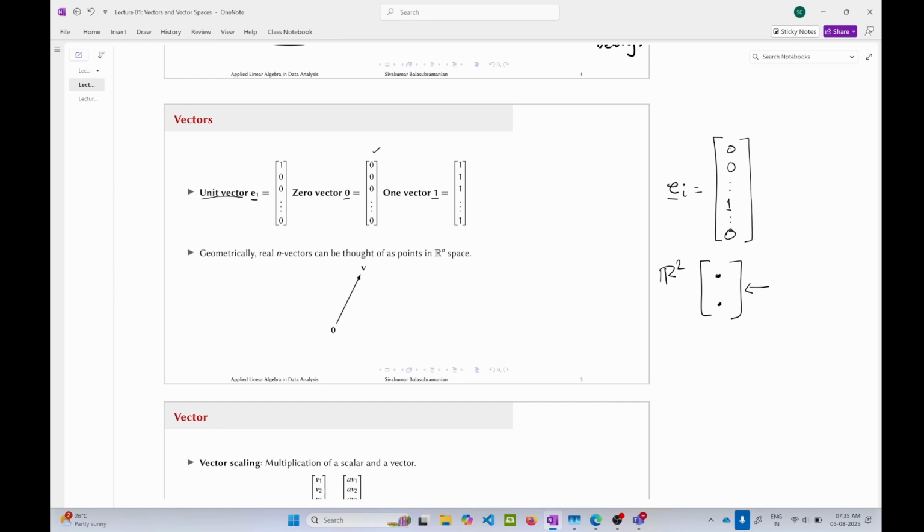How many possible unit vectors can R2 have? 2. What are the 2? You have to be louder so that I can hear you. 1, 0, and 0, 1. What about R3? How many possible do we have? 3. It's 1, 0, 0; 0, 1, 0; 0, 0, 1. Similarly, R^n would have n unit vectors.